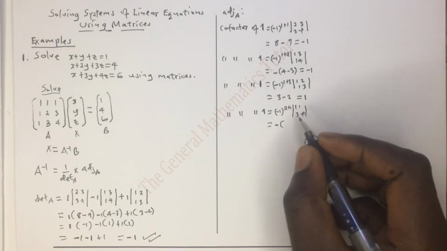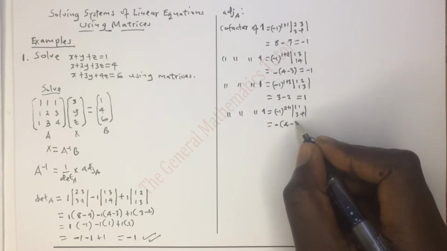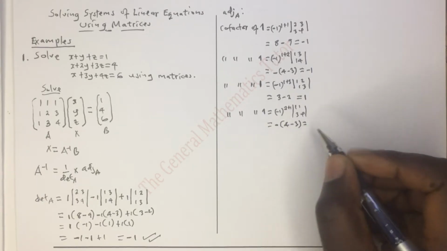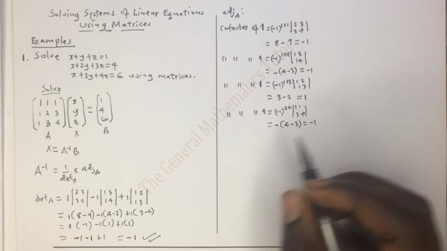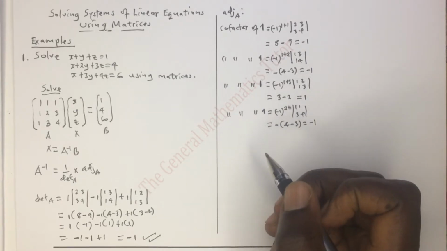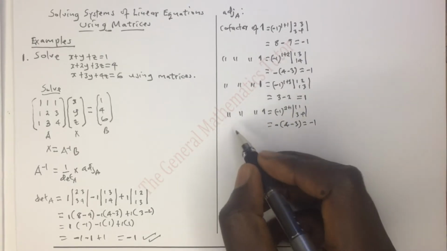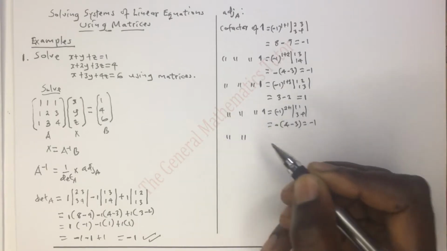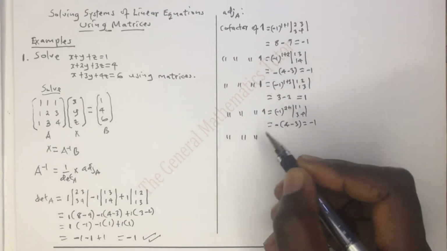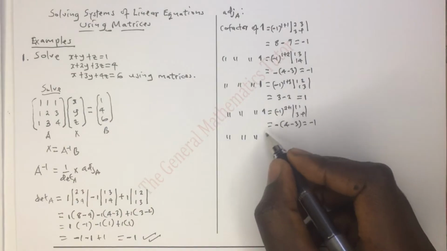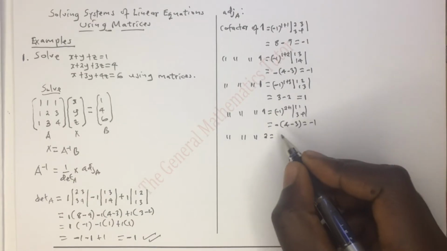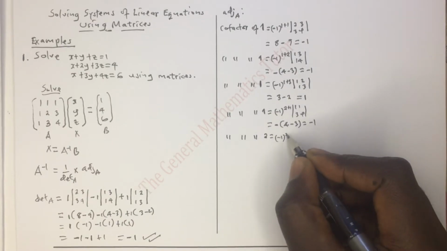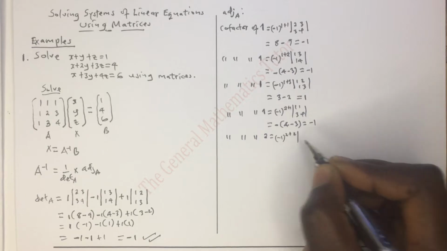So we have 4 minus 3. That is just negative 1. Okay, then let's move to the next one. So the next element that we're going to get its cofactor is 2. So 2 is in row 2, column 2.